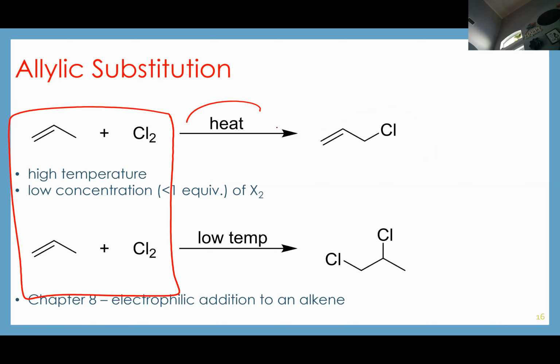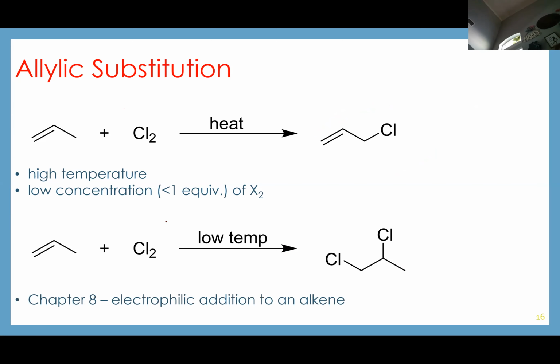The difference is the temperature. For the radical reaction to occur, you would probably indicate something like 55 degrees C or higher. Low temp means room temp or lower.